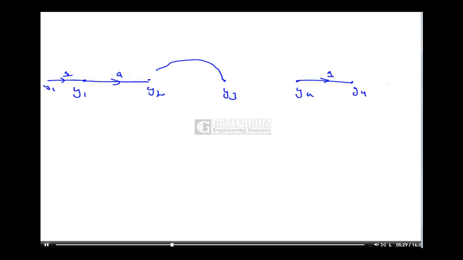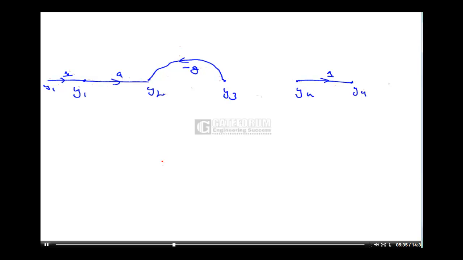There are 4 nodes, y1, y2, y3, y4. Let this go to y4 with gain 1. Let this come from y1 with gain 1. These both are the same. Now I have to get y2 from y1 and y3. So from y1 it is direct multiplication by a, and from y3 minus g.